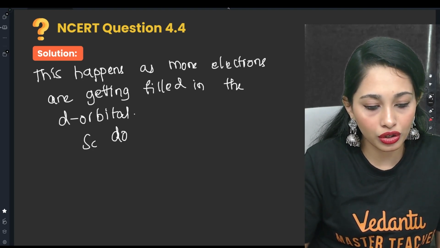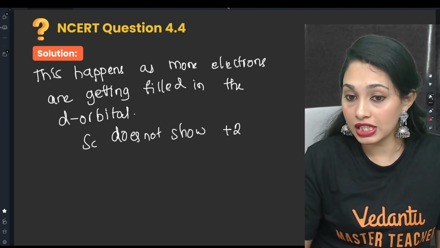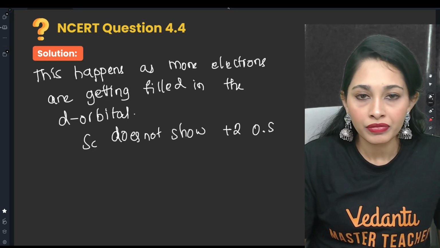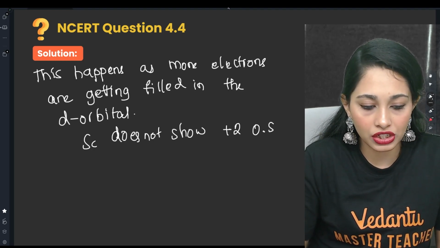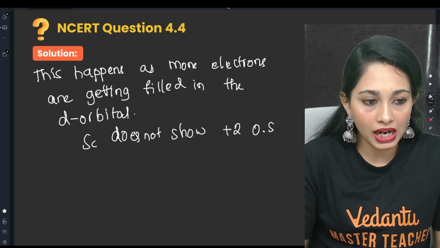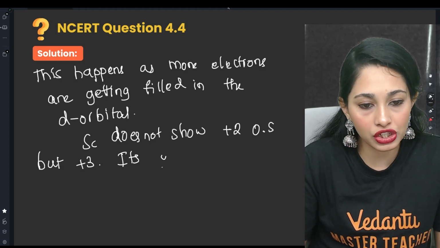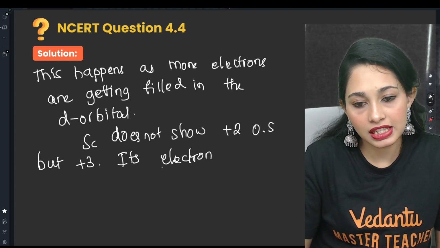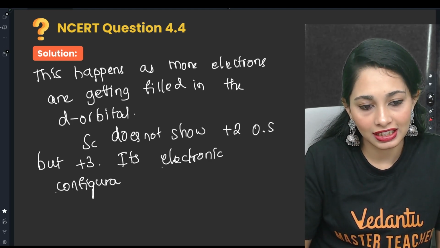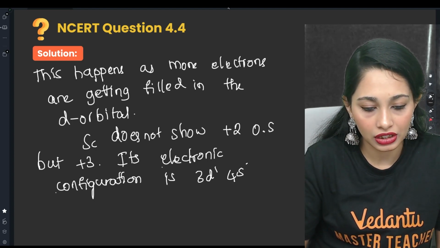Scandium does not show +2 oxidation state. OS means oxidation state. It does not show +2 oxidation state, but +3, because its electronic configuration is 3d1 4s2.